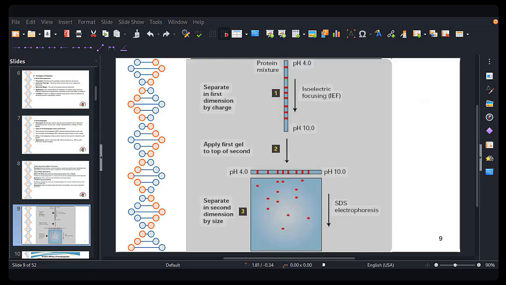So this diagram is of SDS electrophoresis, right? Understood? Yes or no? Okay, I guess you are not getting my points. Understood? Yes. Okay.